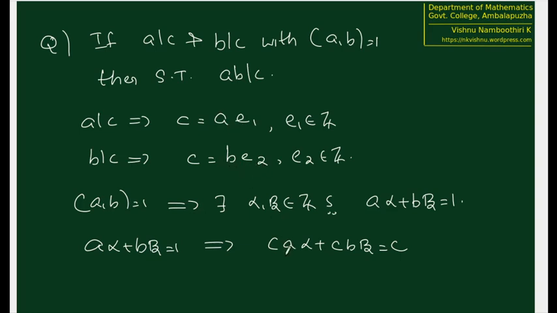So if you use C equals A E1 here, you will have A E1 A alpha, but we want AB, not AA.